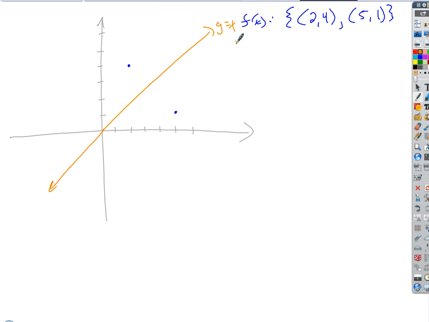Okay, where do you think the point (2, 4) is going to end up? At (4, 2). It is. It's going to end up at (4, 2). So you just switch. If I drew this line correctly, I don't know that I necessarily did, let me redraw that orange line. It's not very good.